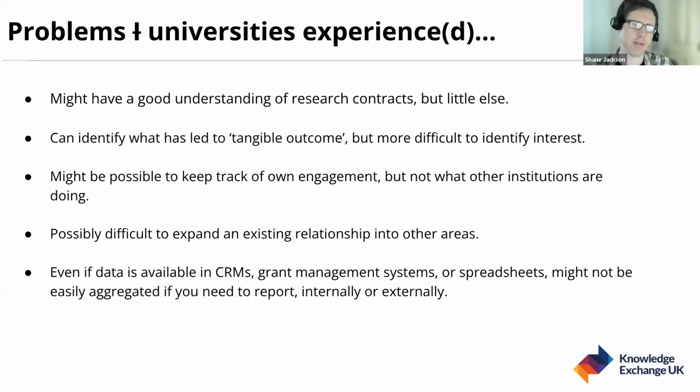And then lastly, even if you have a CRM system or a grant management system or just type the data up into spreadsheets, it might not be easily aggregatable, if that's a term, if you need to report on it, either internally or externally. And therefore, it can be difficult to build a narrative or get a high-level overview of what's happening or understand the direction of travel.